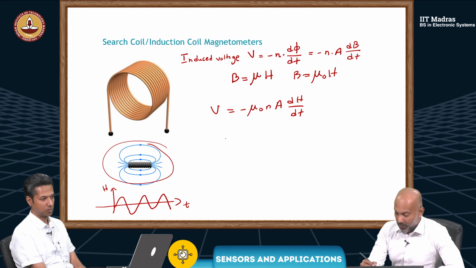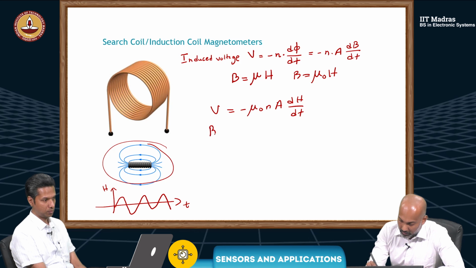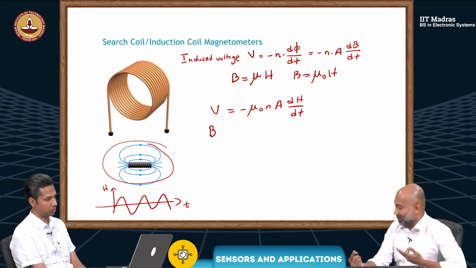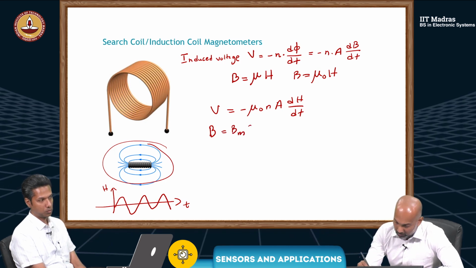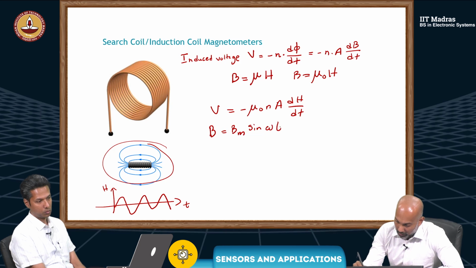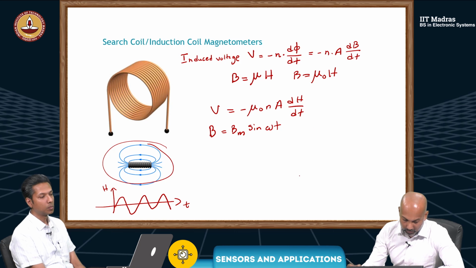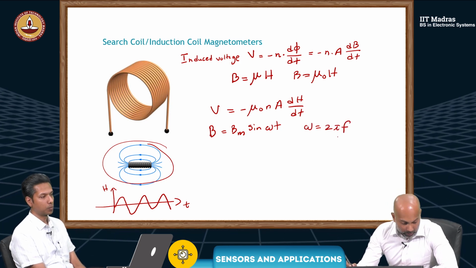Now, if it's varying as a sinusoid, then you should be able to write, B and H being interchangeable with mu0, B is equal to Bm sine omega t, where omega is 2 pi f.